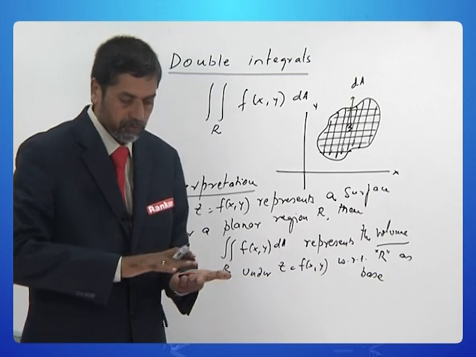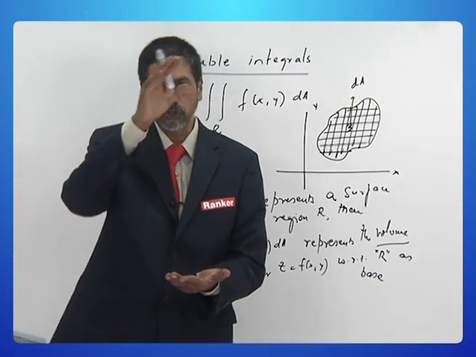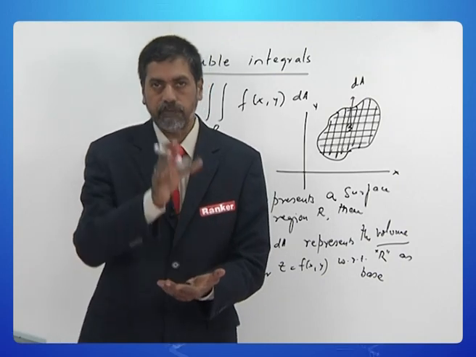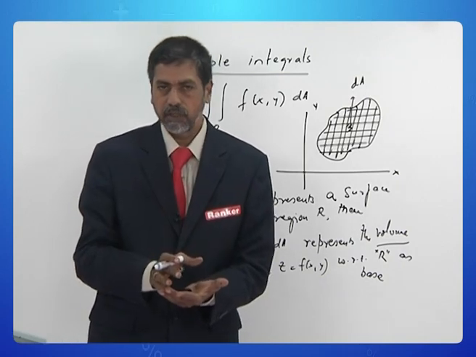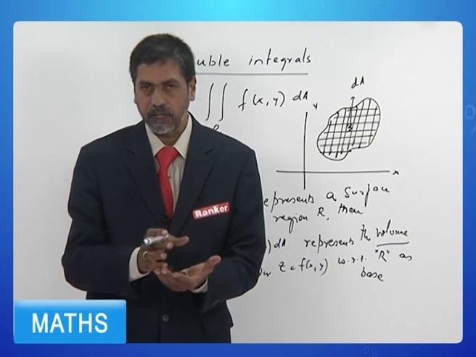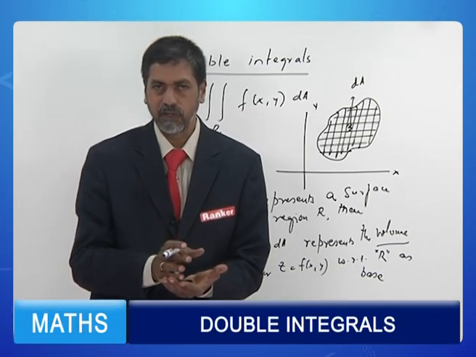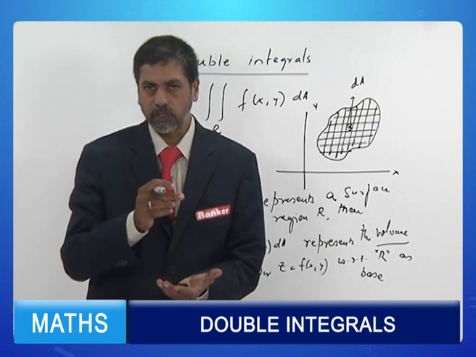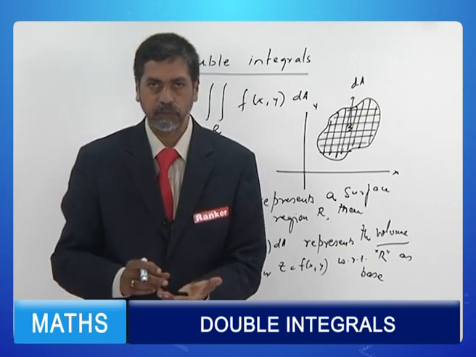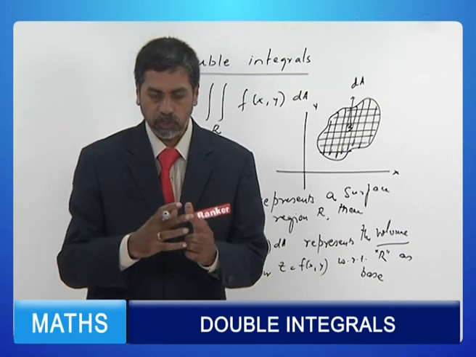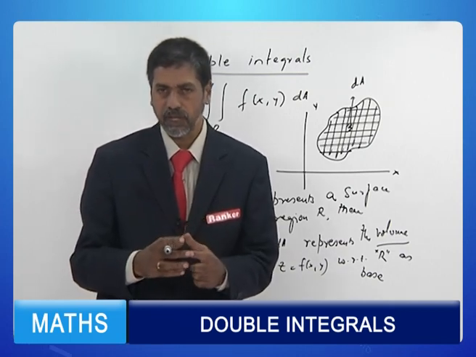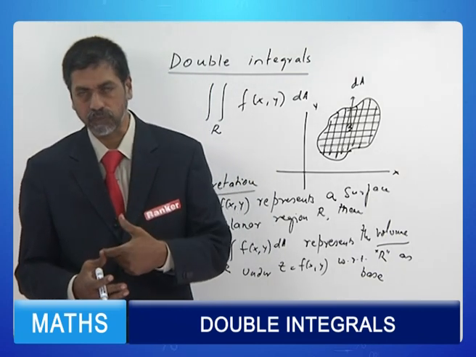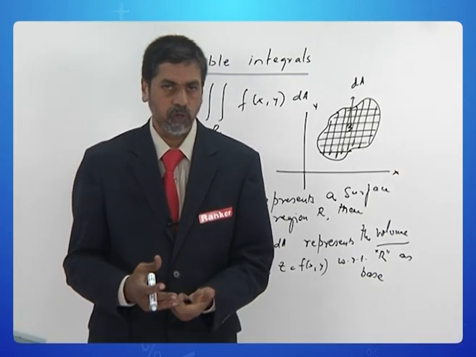So this region R will be on the base, and then you have a surface on top, and you are trying to find out the volume of that solid. Not necessarily a cylinder, but it is a collection of infinitely many rectangular solids, which are nothing but cuboids. So this sum total will give us the double integral, and as I told you, if f of xy happens to be a surface equation, then we are evaluating the volume.